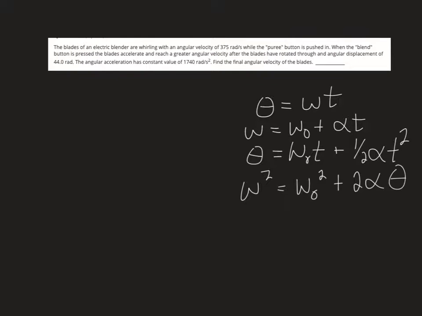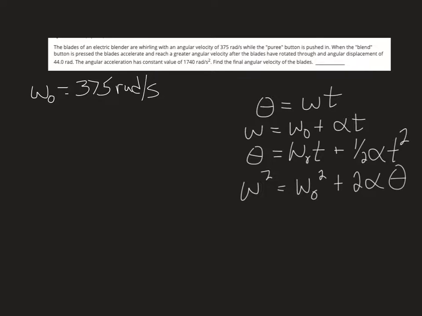Okay, so if I read this, it says the blades of an electric blender are whirling with an angular velocity of, so we have omega initial equals 375 radians per second, while the puree button is pushed in.